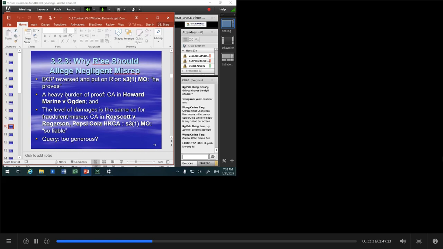Okay, so the representee has to prove all the elements of misrepresentation, also has to state what type of misrep they are claiming, and you always advise your client to claim negligent misrep because of the legislation. Section 3 sub 1 has reversed the burden of proof and put it on the representor, so the representor has to prove he's not negligent.